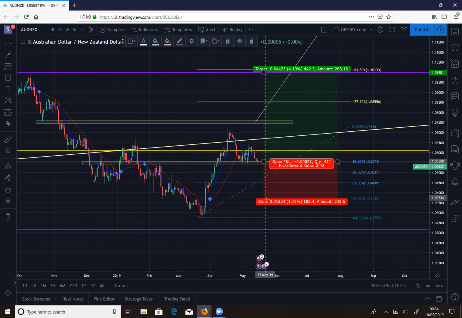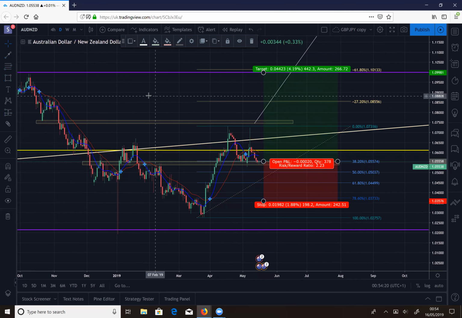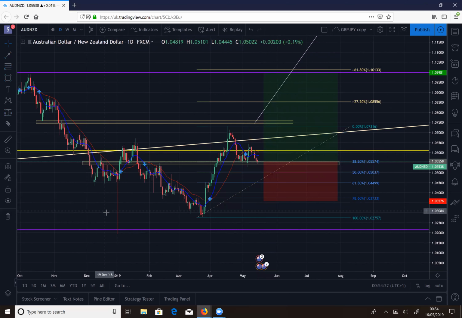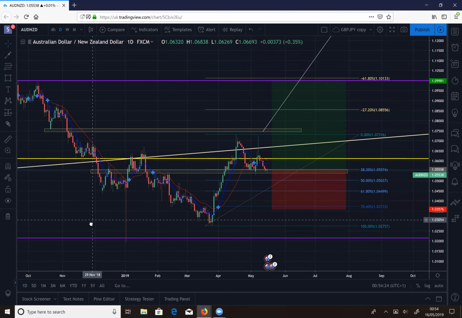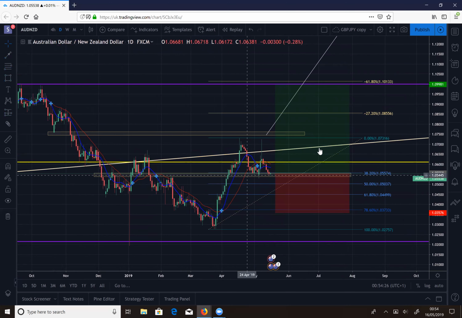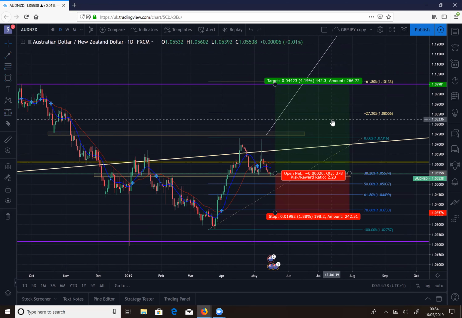Okay, so at the moment, look at this. There's the 78.6. We're going to go down 15 pips to 58, just there. Okay, so if we were to trade this from the daily chart, we'd be looking at a 442.3 target with a risk of 198.2.